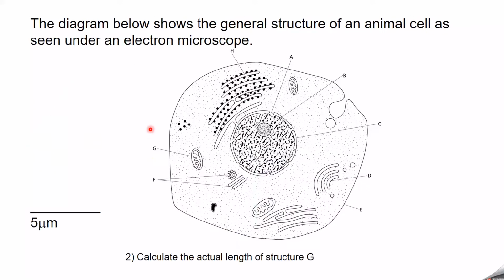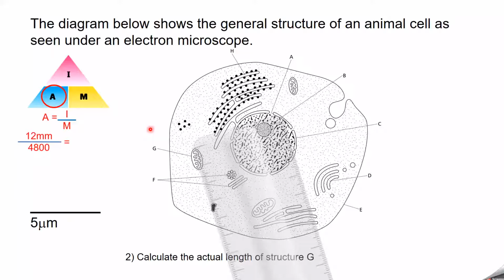Let's have a look at the next question. The diagram below shows the general structure of an animal cell as seen under an electron microscope. We're doing the same as previously, so image over magnification, to work out the size.